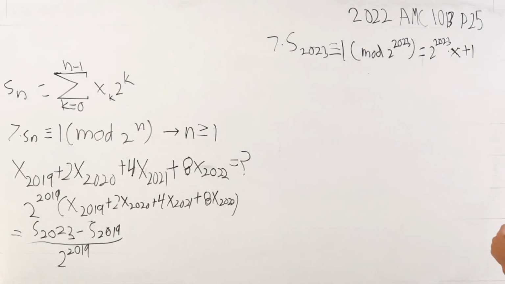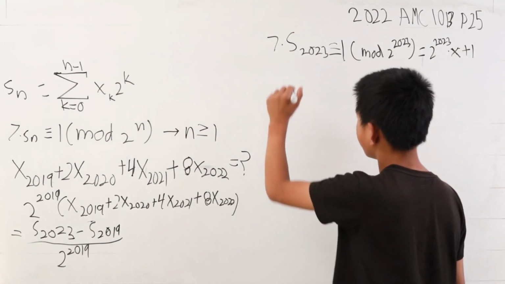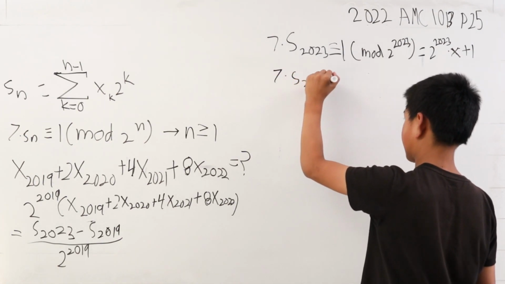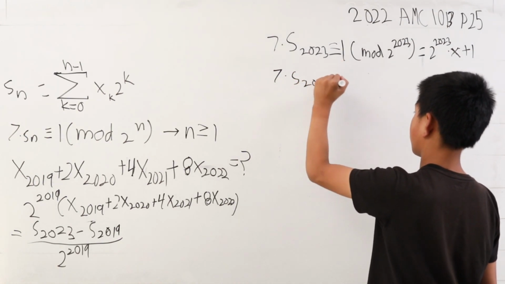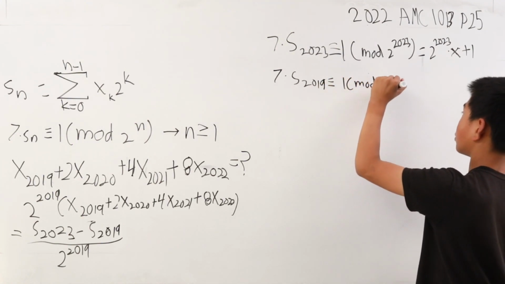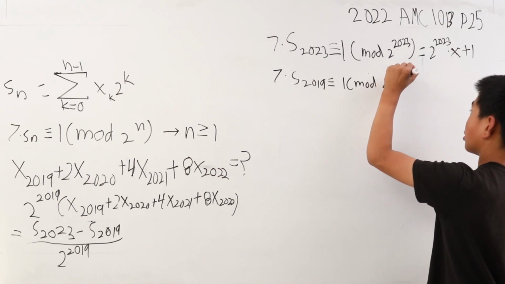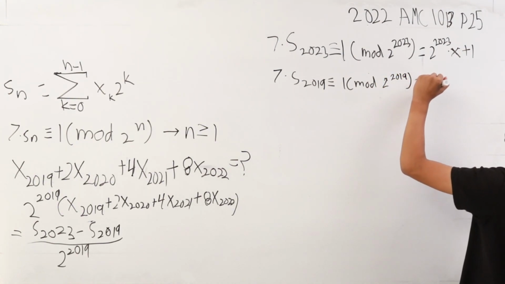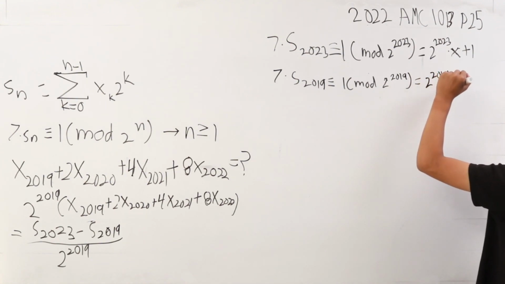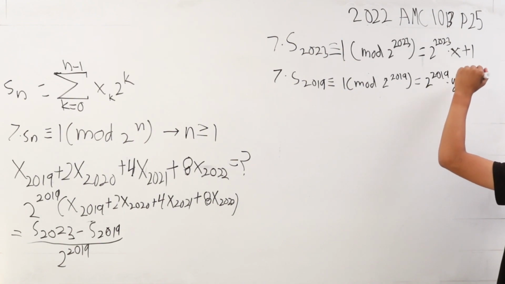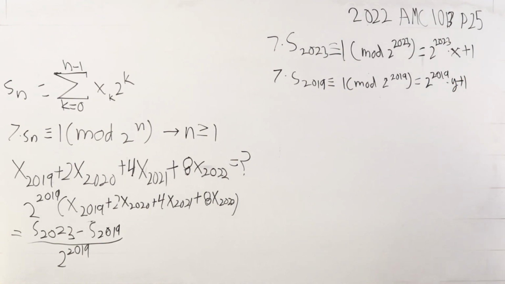Now we can do the same thing for 2019. 7 times S of 2019 is 1 mod 2 to the power of 2019. And using that formula, we get 2 to the power of 2019 times another number, which is not x, y, and then plus 1 again.